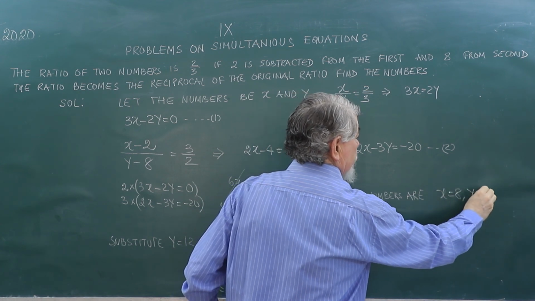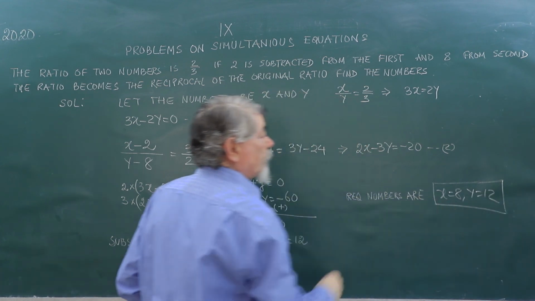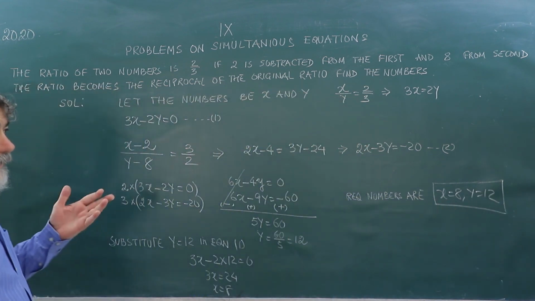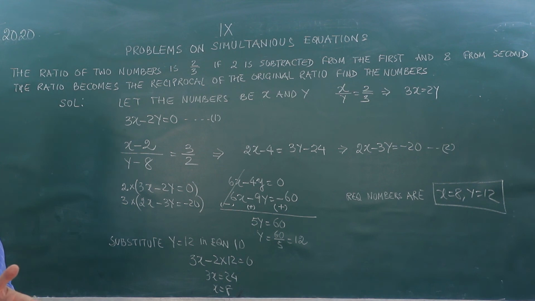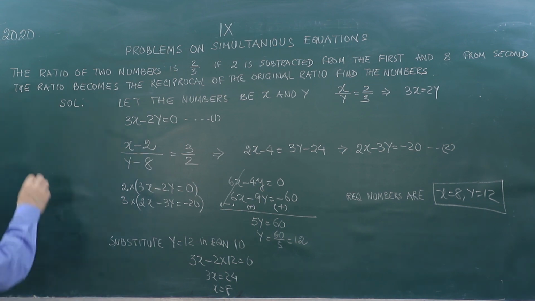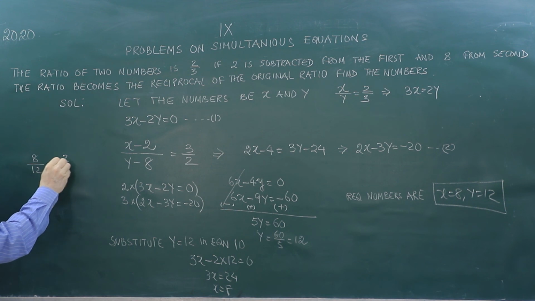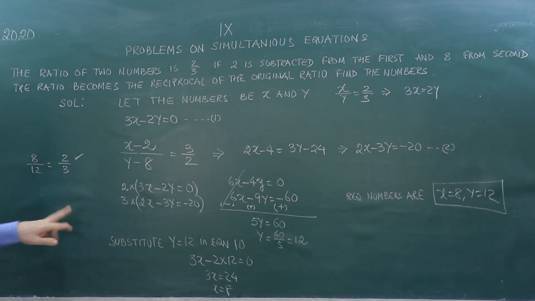You can put these into your original question and see whether these numbers satisfy the condition or not. Let us see. He said the ratio of the two numbers is 2 upon 3. So 8 upon 12: 4 2s are 8, 4 3s are 12. So this is okay, the ratio is 2:3.